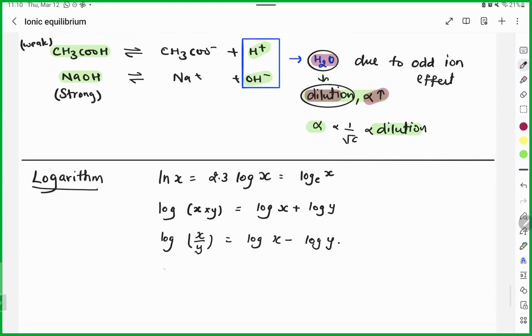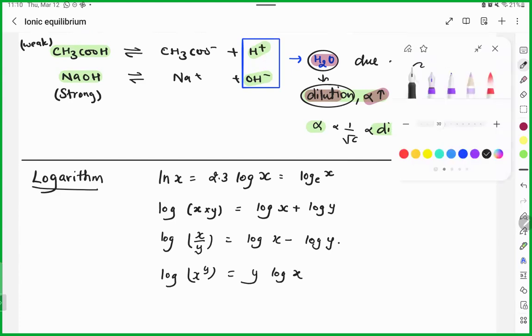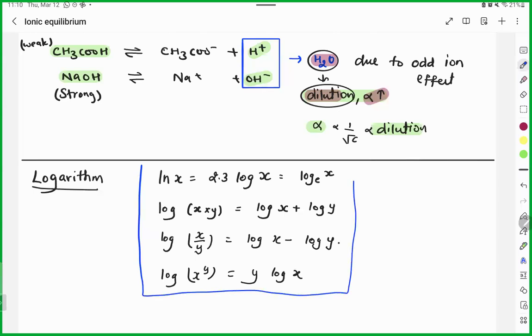And last thing, if you have log x raised to power y, whatever is your power will come in multiply. These formulas are really crucial because in this chapter you have acids, and pH is calculated as minus log H positive concentration, so you need log. These formulas are very basic about the log.